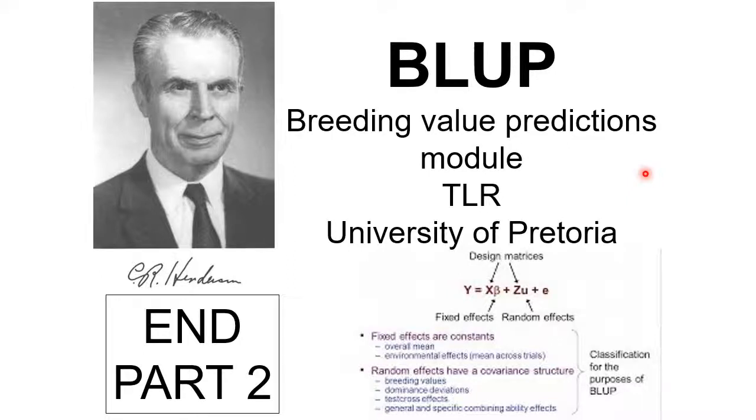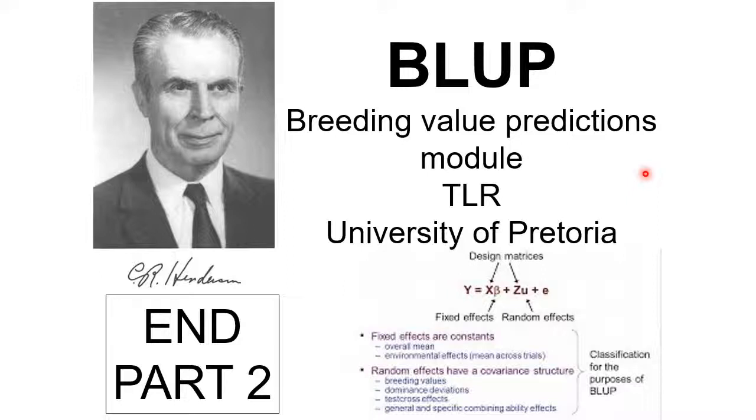Then we constructed Z prime Z. Z prime Z is basically linking an animal to an observation. So it's a diagonal square matrix, and on the diagonal will be a 1 in the corresponding row and column of a specific animal where the animal has an observation or a measurement, and a 0 on the diagonal where it does not have an observation.